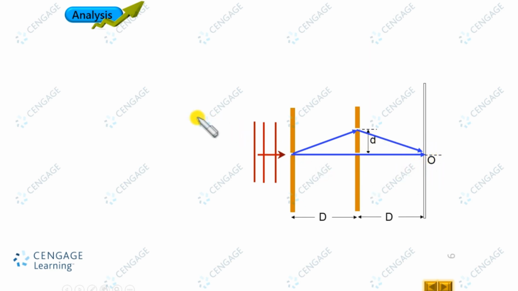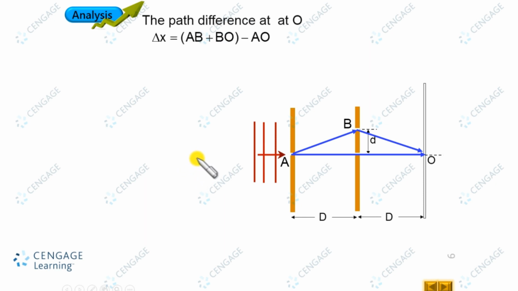So let us do one thing. Let us first find the path difference at point O, right? So let us write this point A, this point is B. So path difference at O should be equal to AB plus BO minus this path, that is AO. So let us find the path difference, this one. Okay, and this is capital D. This is small d. That means from Pythagoras we can find this distance. This distance should be equal to under root capital D square plus small d square, right? And this distance and this distance are equal.